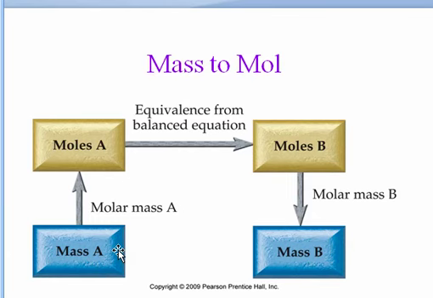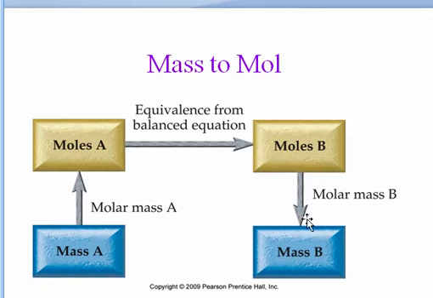And here's a little graphic. If we have the mass of one chemical from a balanced chemical equation, we can get to its moles by dividing by its molar mass. Then we can get from chemical A to chemical B, a different chemical, based on the stoichiometric coefficients. And then we can get to the mass of B by multiplying the moles of this new chemical by its molar mass.